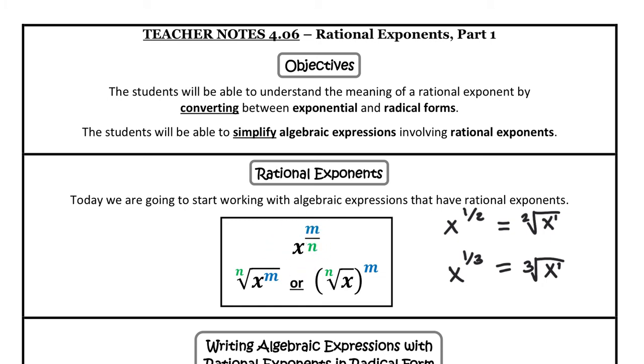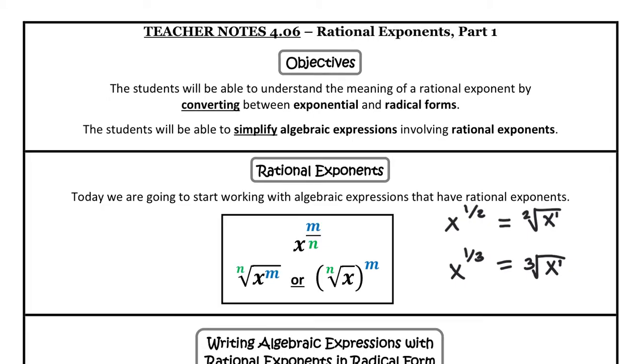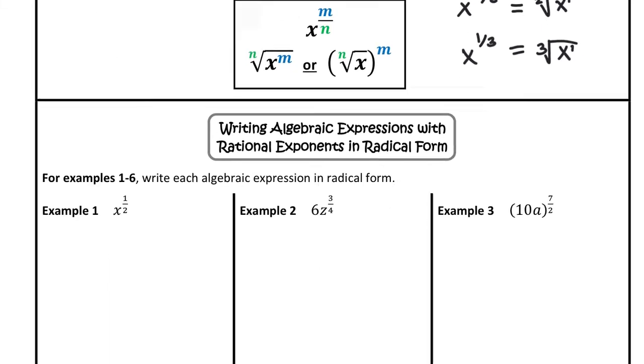Okay, so we're going to practice this, and I think it'll make sense after we do a couple of examples. But this is the best example that we've had so far. When we had x to the power of 1/2 and x to the power of 1/3, we would convert those to square roots and cube roots. Okay, so let's go ahead and jump into the examples.